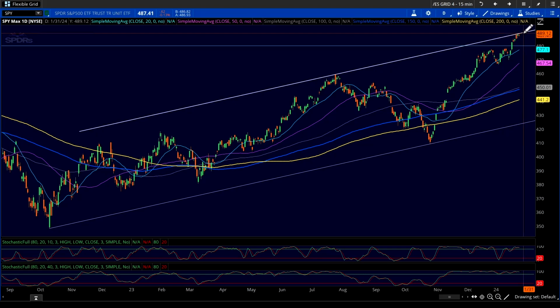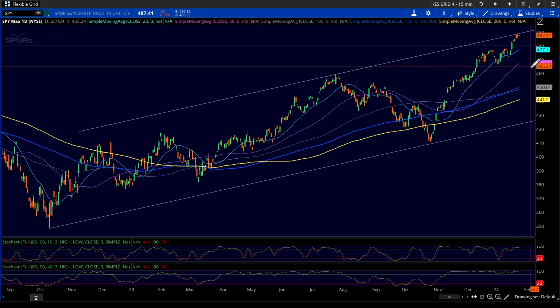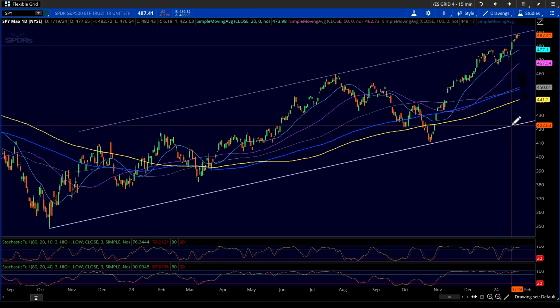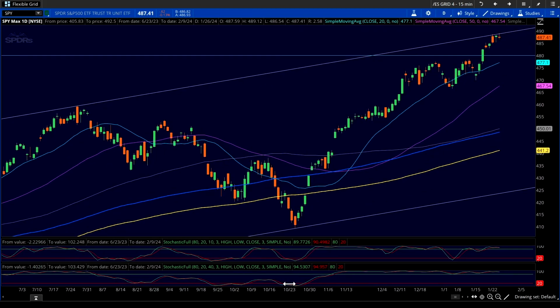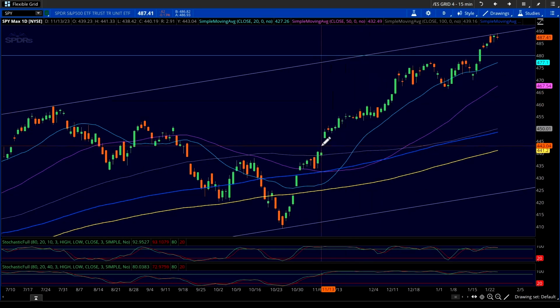Could stay around here Monday, and then maybe Tuesday make a move down. Okay, and we're down, and we're filling gaps here. So you see there's some gaps here, there's some gaps here, there's a nice gap here. Let's zoom in a bit. Yeah, that's beautiful right there.